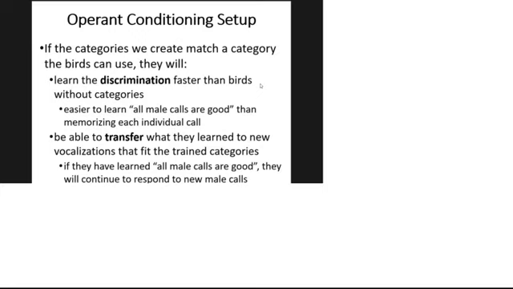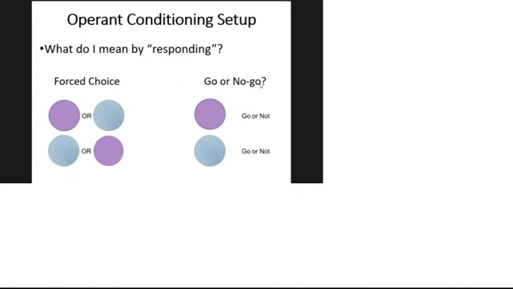So we would see differences in performance, whether they had a real category or whether we put them in the control group where they had to memorize. So we set these up with a bunch of different things because, again, from experience, it does not always go the way that you want it to go. So you very often are glad that you have the backup systems to check against.